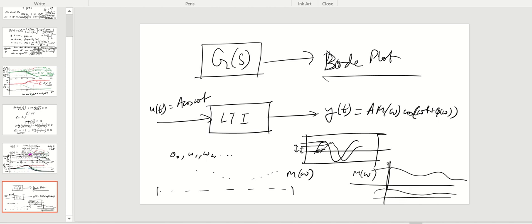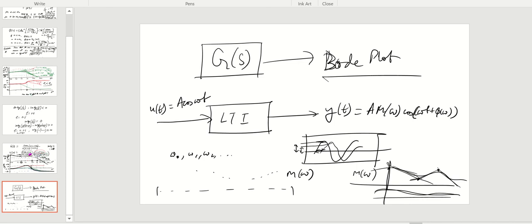And then you have to infer what the system's poles and zeros are. So you have to basically draw these tangents, approximate them as asymptotes, measure their slope, whether it's 20 dB per decade or 40 dB per decade, join those, obtain the corner frequencies, and find out where the poles and zeros are and what their multiplicities are. It appears as if from the magnitude plot you can infer everything.